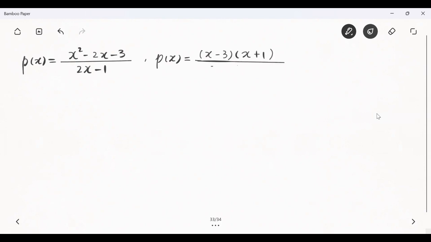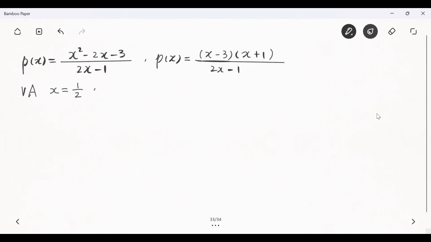It is over 2x minus 1. At first, we find the VA, check the denominator. 2x minus 1 equals 0. Then we get x equals 1 over 2. This is the VA. There is also an OA.